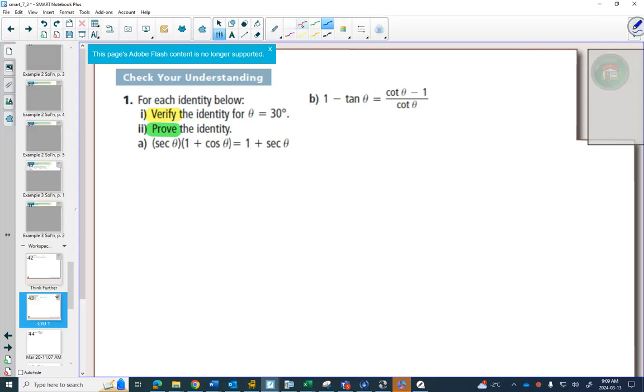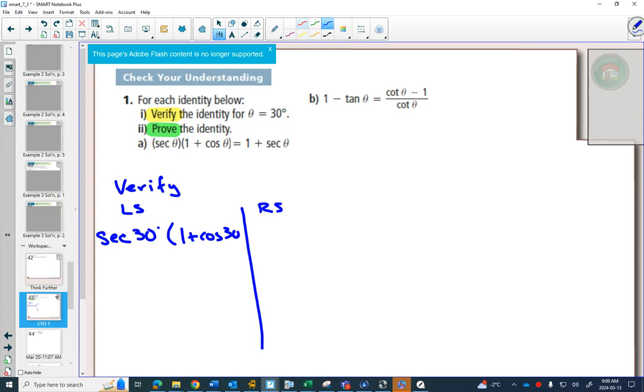In a question that says verify, you still have to split up your left side and your right side. But in a verification question, you plug in the number that they want you to verify. So secant of 30 degrees, 1 plus cos of 30 degrees, and on this side, 1 plus secant of 30 degrees.